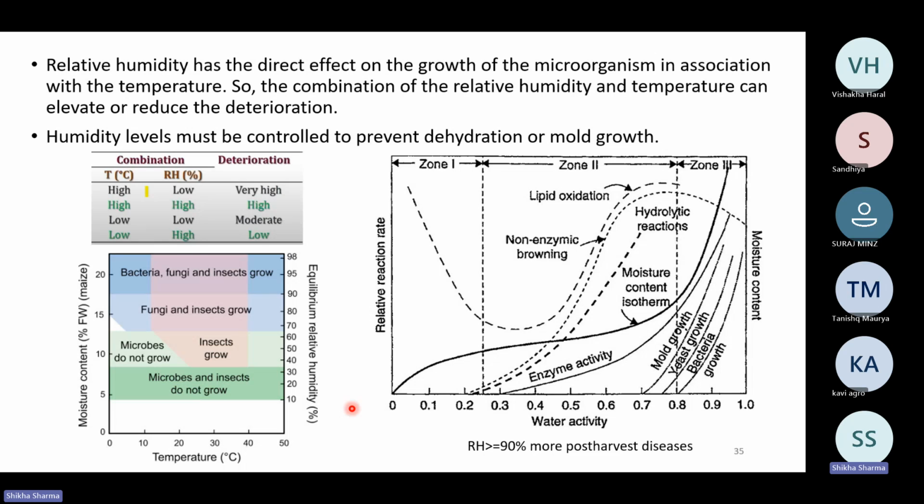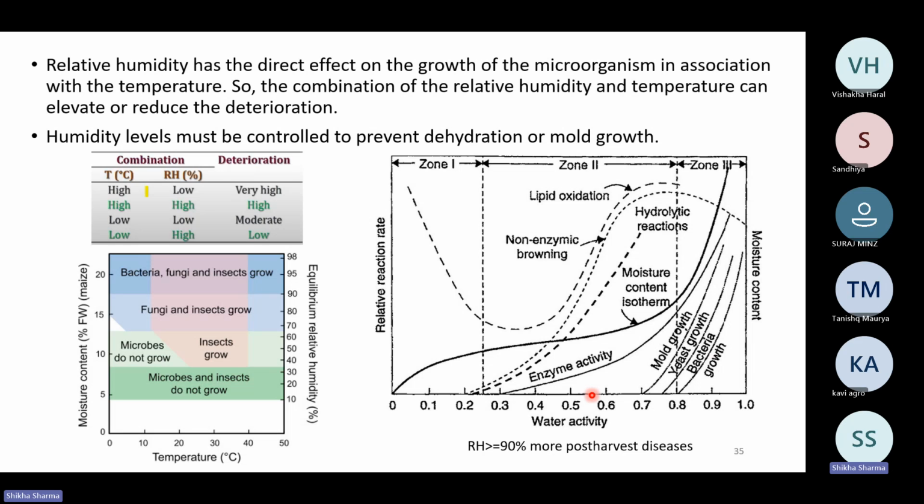If we look at this graph of water activity versus relative reaction rate, here it says 0.7 for mold growth, maybe 0.75 for yeast growth, and bacteria from 0.8 water activity. But some molds or fungi are osmotolerant and can grow down to 0.6 water activity.